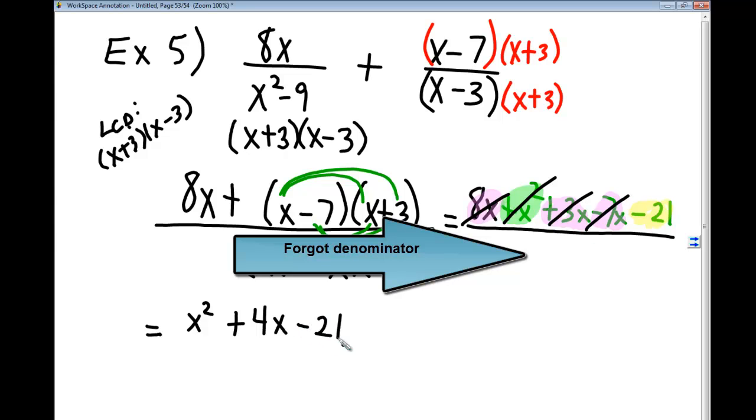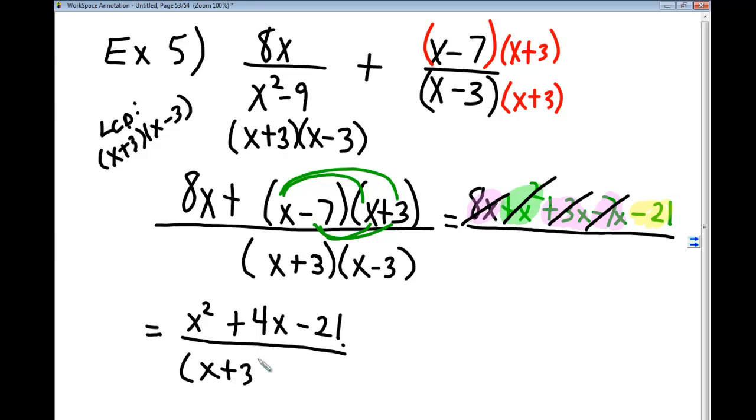Minus 21. All of this is over x plus 3 times x minus 3. I'm still not done. I need to check and see if that is all there is to this problem.